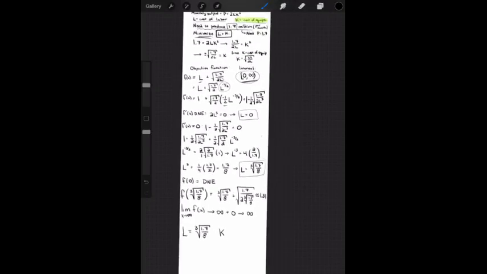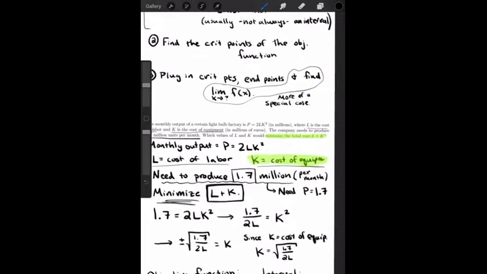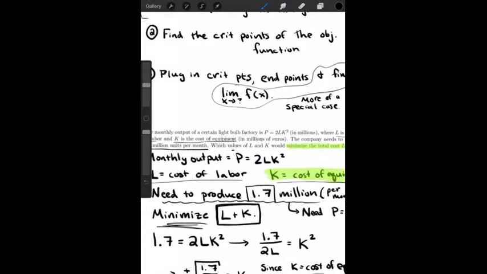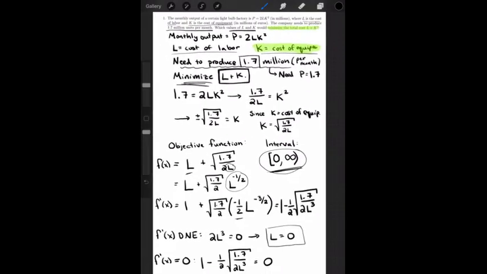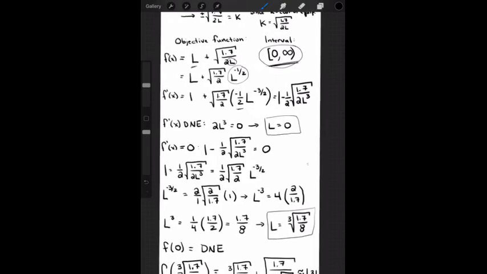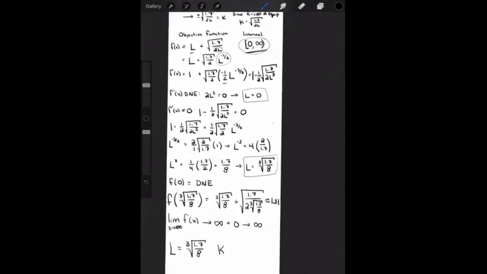Now the problem, all the way back up here, which, here we go, says what values of L and K would minimize the total cost function, which means we need to figure out what L is. Or what K is, rather. We've already figured out what L is. Right.